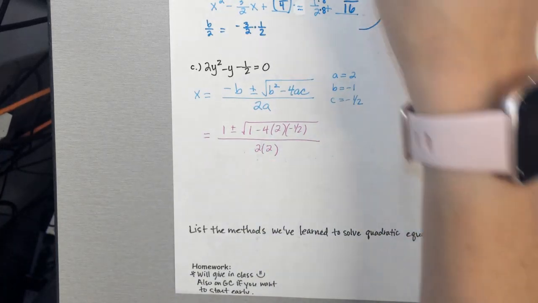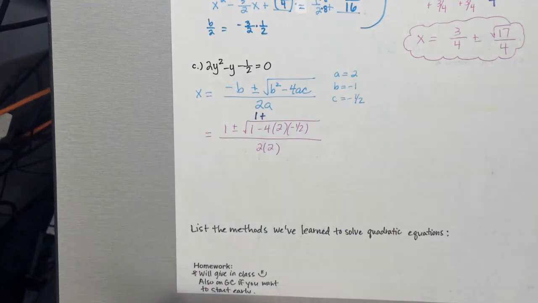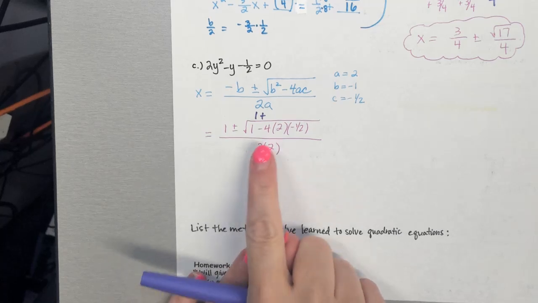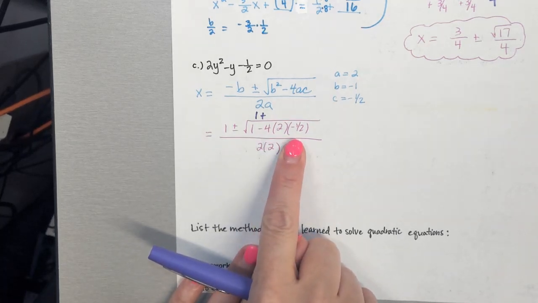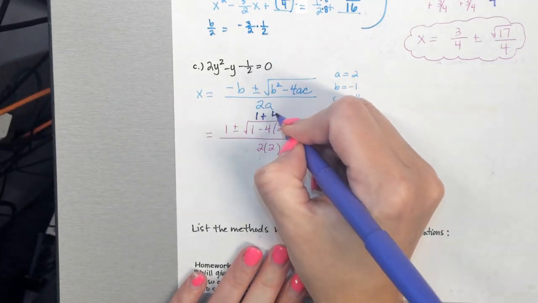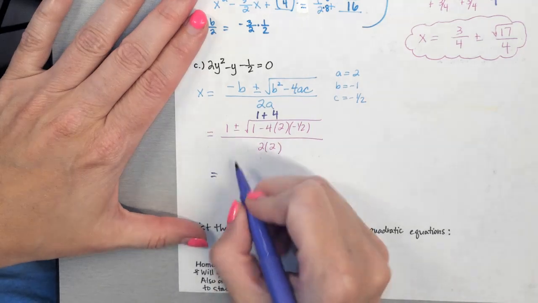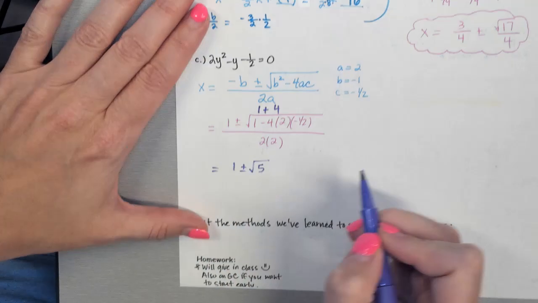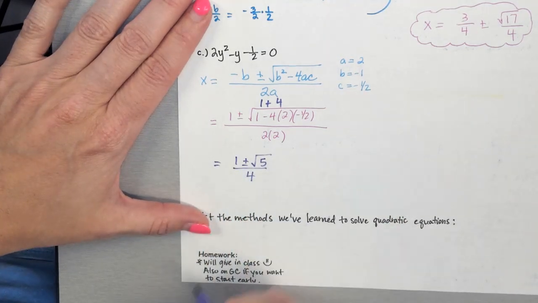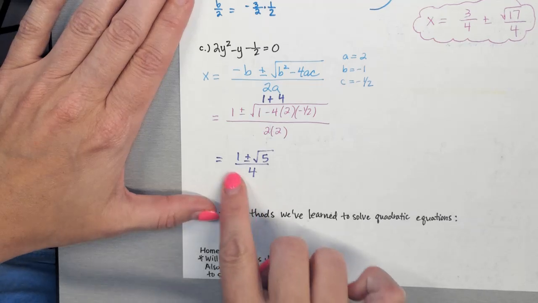And then, so that I don't have to write it over 100 times, I usually just write at the top like 1 plus. So what's 4 times 2? 8. What's 8 times a half? 4. So it's just 1 plus 4 underneath there. So we would write that as 1 plus or minus root 5 over 4. And you can leave your answer like this.